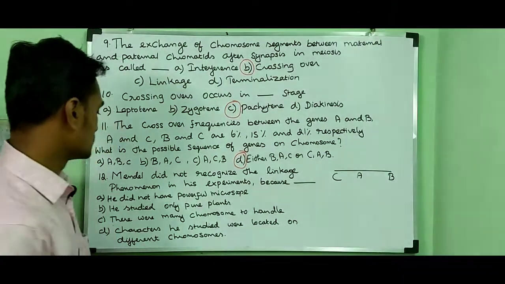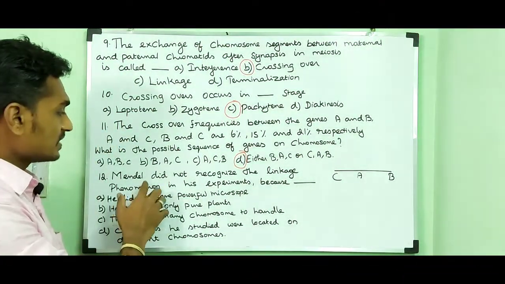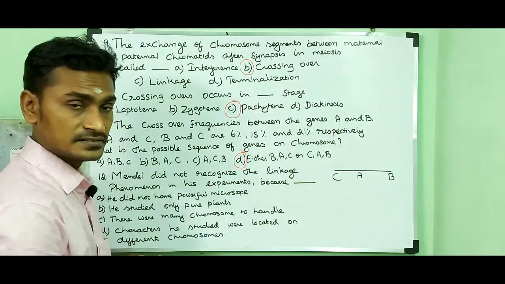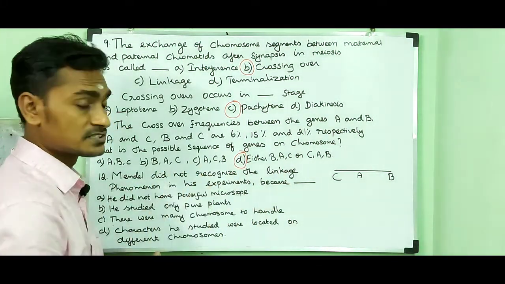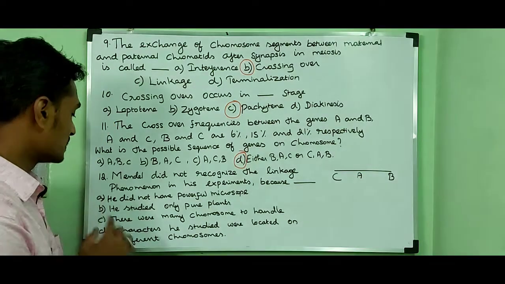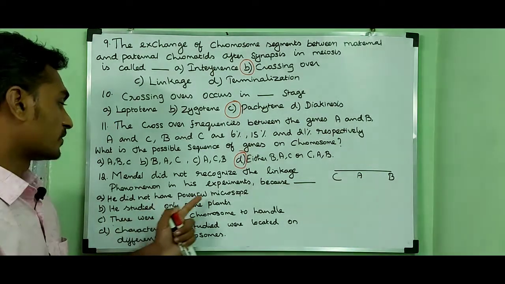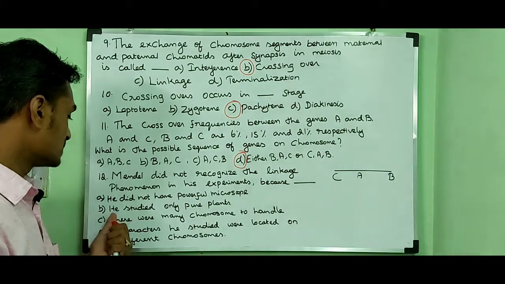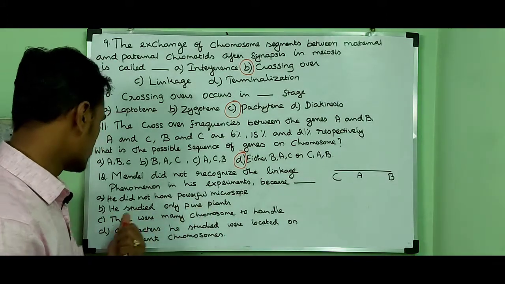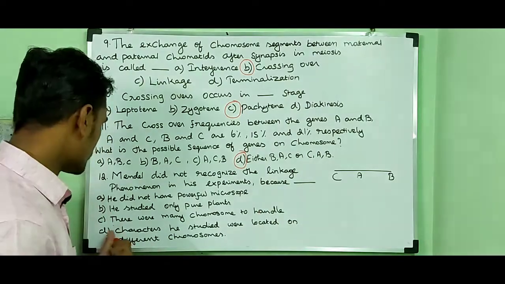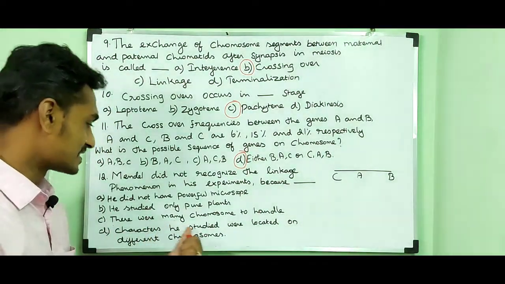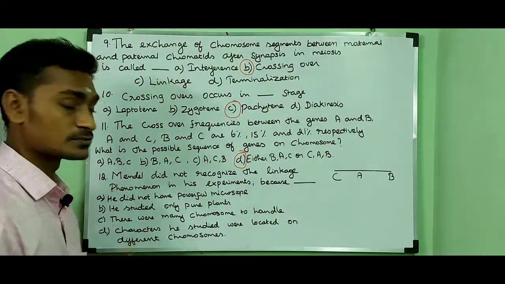CAB. Then, Mendel did not recognize the linkage phenomenon in his experiments because, option A, he did not have a powerful microscope. Option B, he studied only pure plants. Option C, there were many chromosomes to handle. Option D, characters he studied were located on different chromosomes.